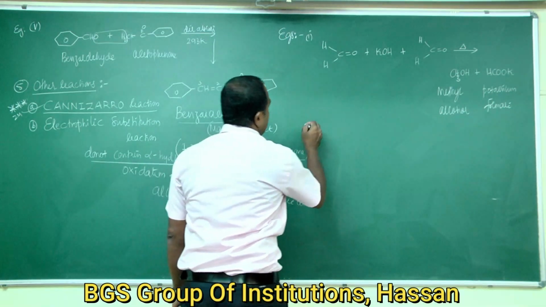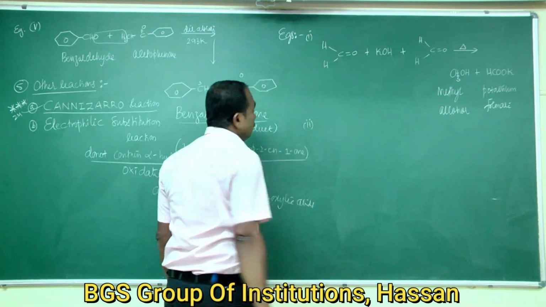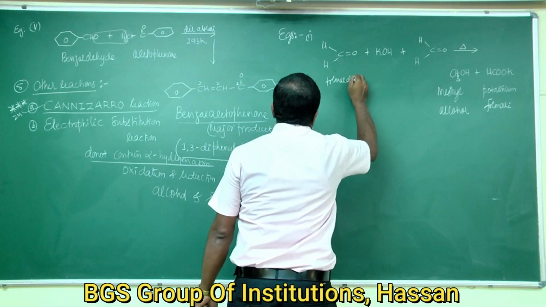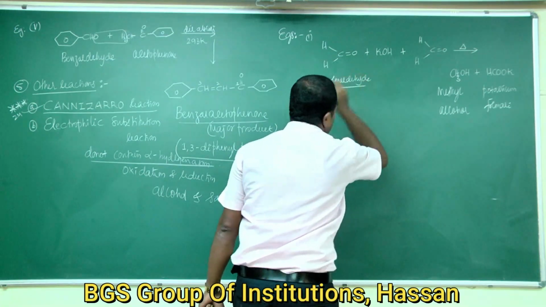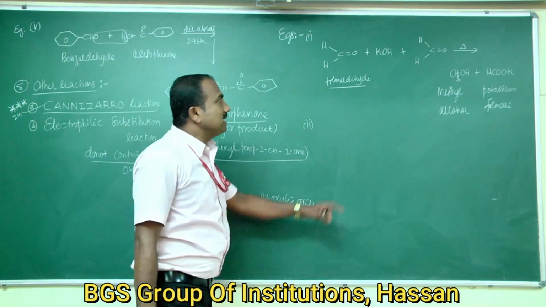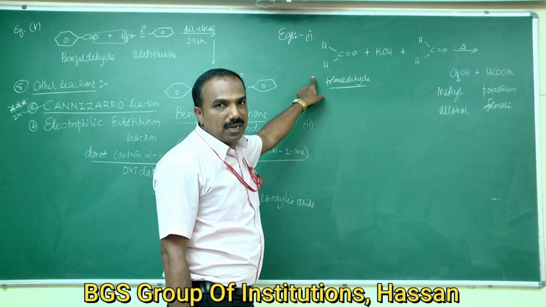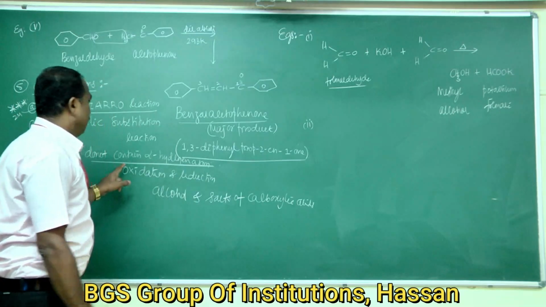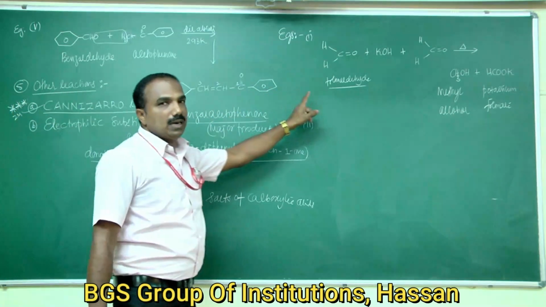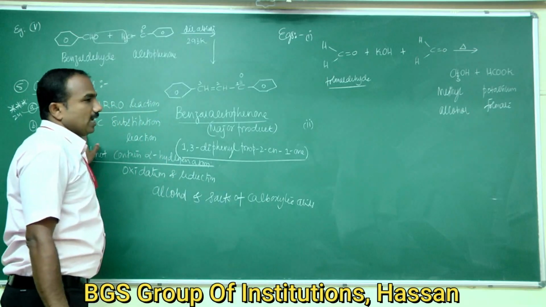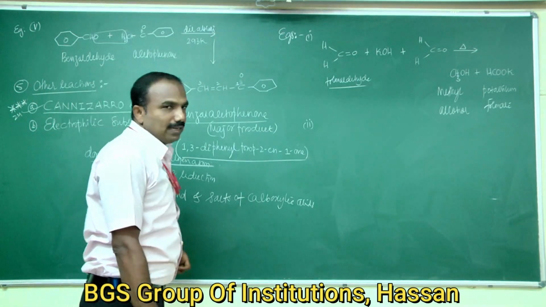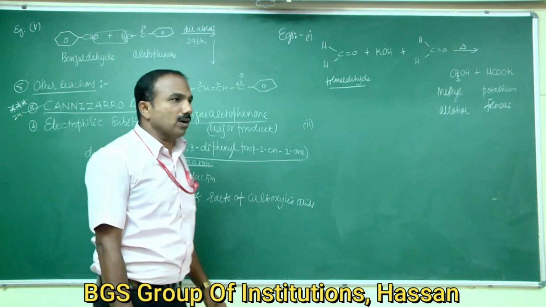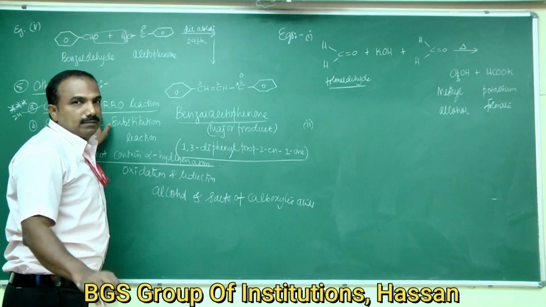First example done. Second example: this is formaldehyde, which does not contain alpha hydrogen atom. Aromatic aldehydes as well as formaldehyde do not contain alpha hydrogen atoms, but acetaldehyde contains alpha hydrogen atoms. Therefore, acetaldehyde should not be used in Cannizzaro reaction. In the examination, they will ask: acetaldehyde does not undergo Cannizzaro reaction, give reason.